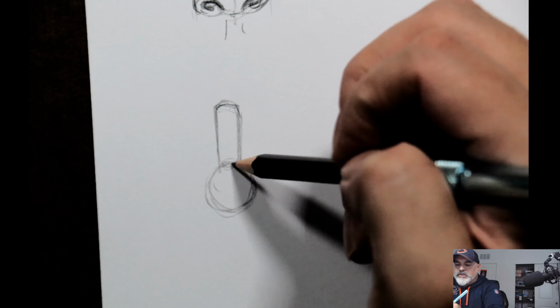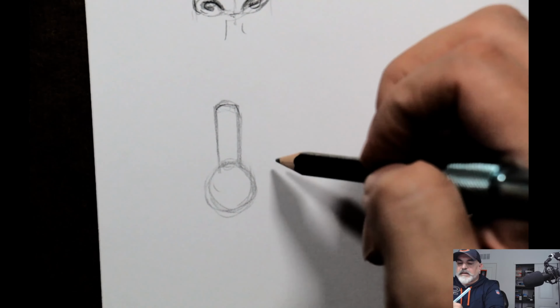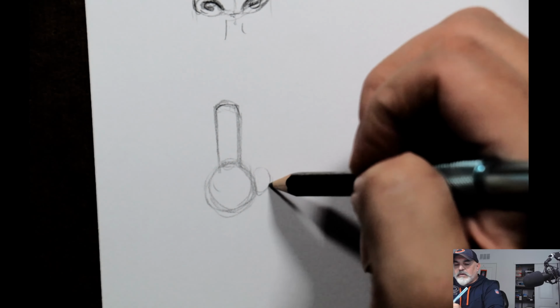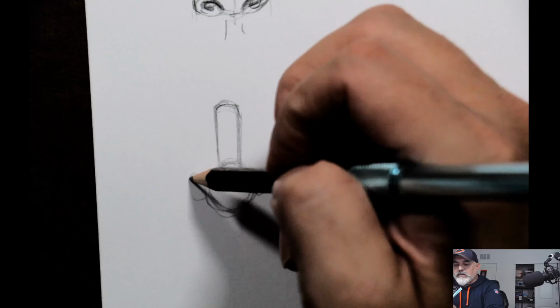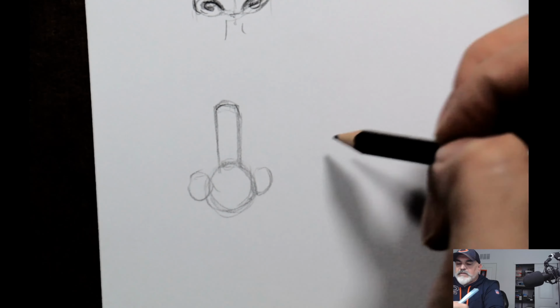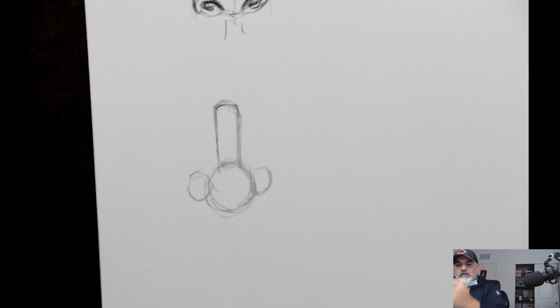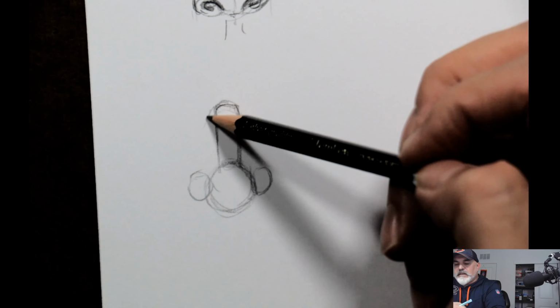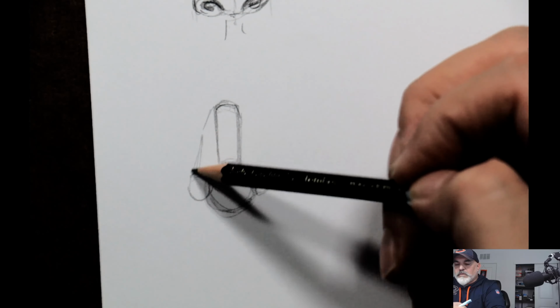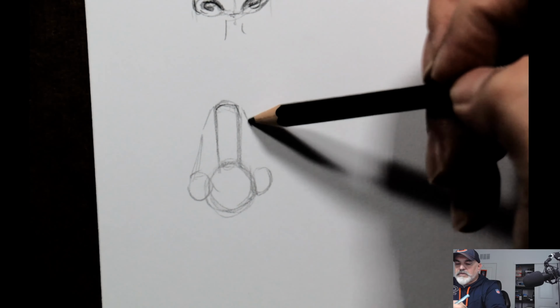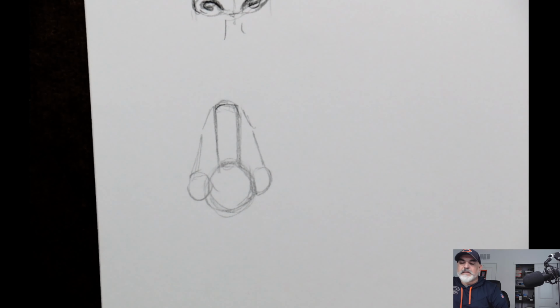And again, this is just to show you what I'm talking about. I'm going to draw another ball here and another ball here. Okay, so these three things represent our nose, and then we have the side of our nose as it comes down.